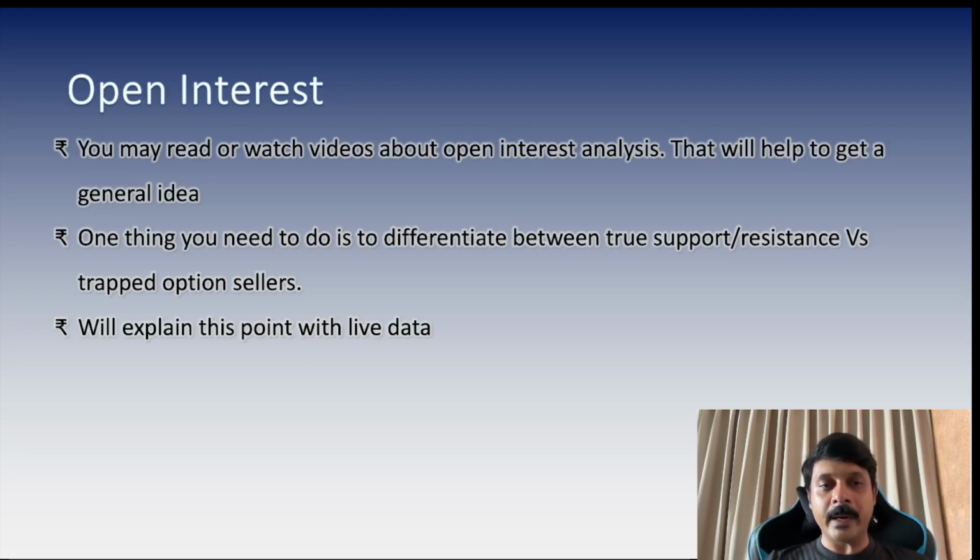The writers will bring back the market to that level to save their position. No, because the people who have written options in this kind of situation are not the powerful people who can control the market. They are mostly retailers. So that is one thing you need to keep your eye on.